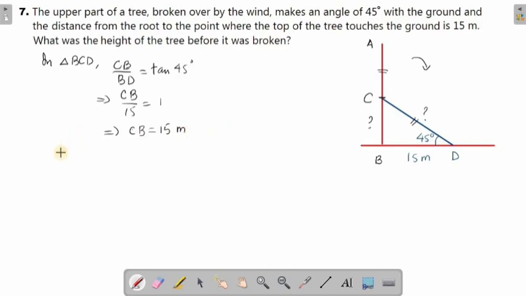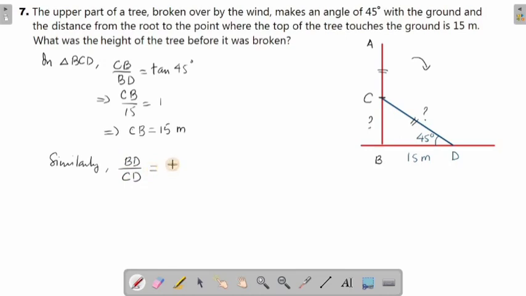Now in the very same triangle, that is BCD, you need to find this, isn't it? So let's make use of the property of cos, base by hypotenuse. The base is BD and the hypotenuse is CD.